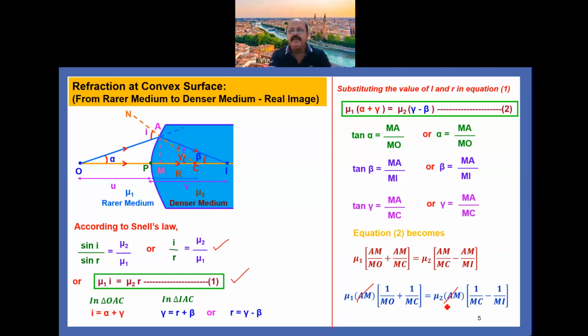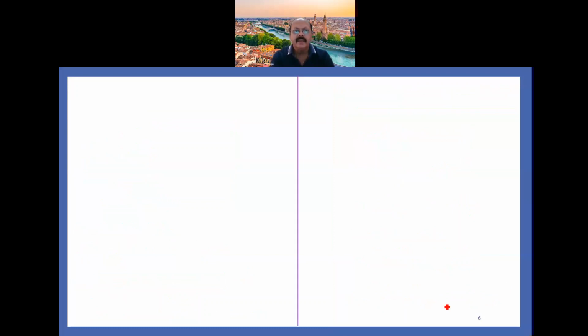We get mu1 within brackets 1 upon MO plus 1 upon MC, equals mu2 within brackets 1 upon MC minus 1 upon MI. Since the aperture is very small, as already assumed, M is approximately equal to P, that is, the pole.